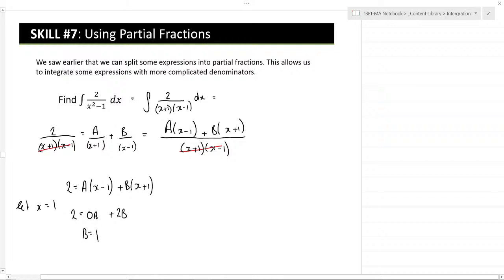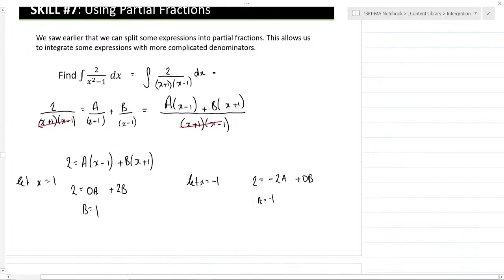Okay. And then let x be equal to minus 1, in which case we end up with 2 is equal to minus 2a plus 0b. Yeah. So a is equal to negative 1. Everybody all right with that?